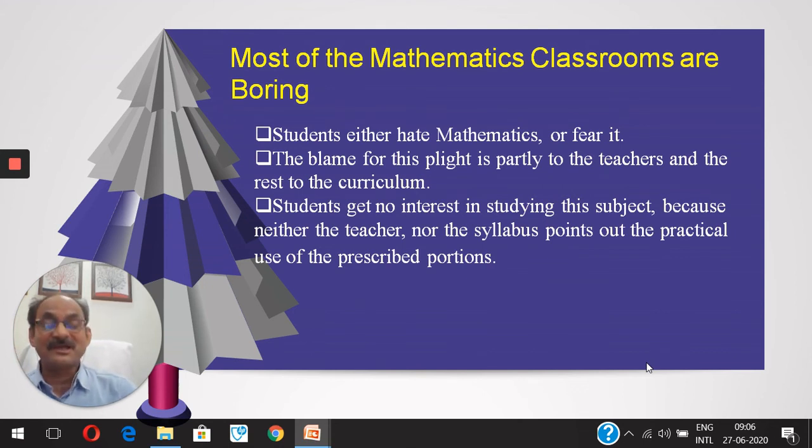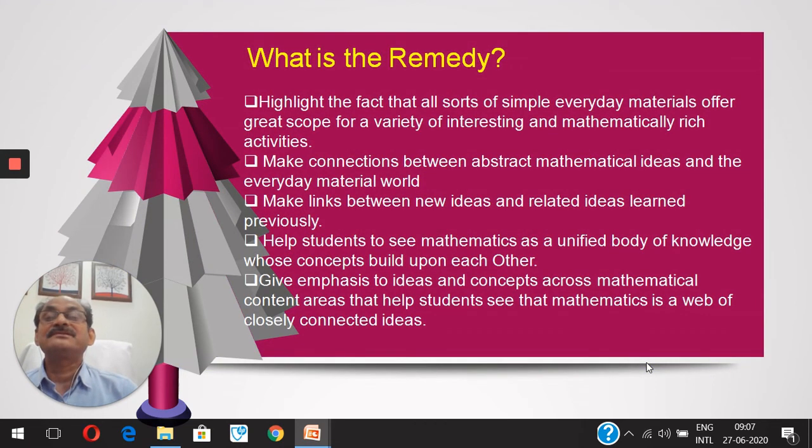So that one I'm just sharing with you. What is the remedy? Highlight the fact that all sorts of simple everyday materials offer great scope for a variety of interesting and mathematically rich activities. Make connections between abstract mathematical ideas and the everyday material world. Make links between new ideas and related ideas learned previously.